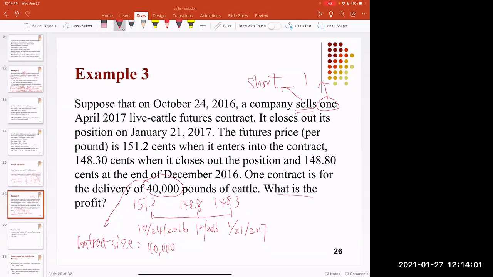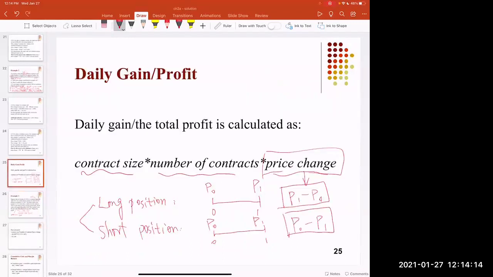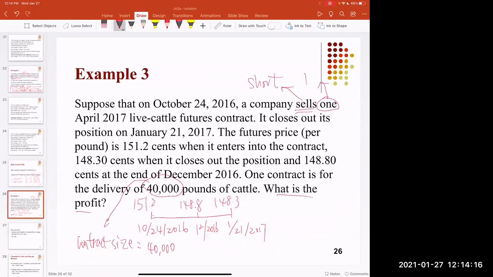So the question, what's the profit? The profit is calculated by, remember the formula, contract size times number of contracts times price change. So the profit equals contract size, 40,000, number of contracts, 1, and the price change.